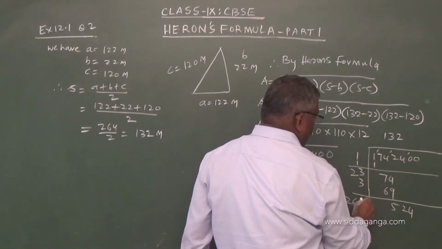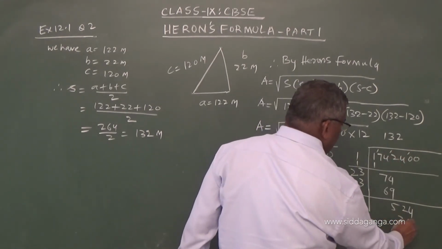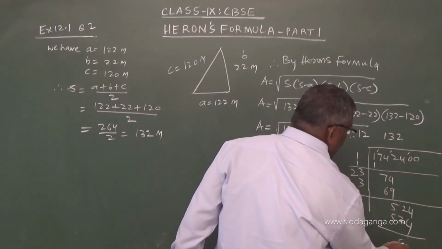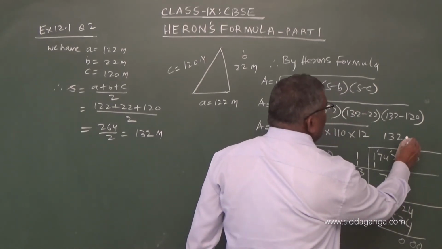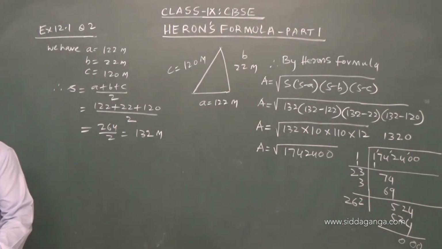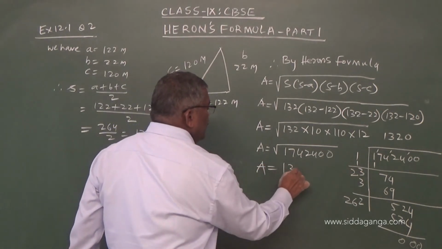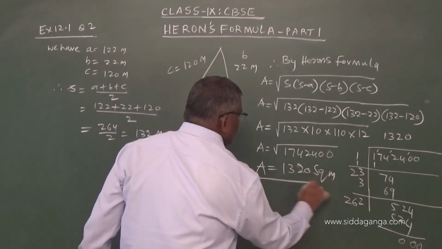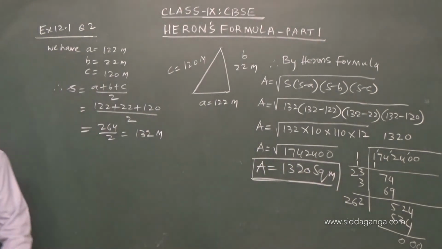So take 2. 2 twos are 4, 2 sixes are 12, 2 twos are 4 plus 1 is 5. So remainder is 0. You take these two zeros down. So you have to put 0 here. It equals 1320. So area is 1320 square meter.